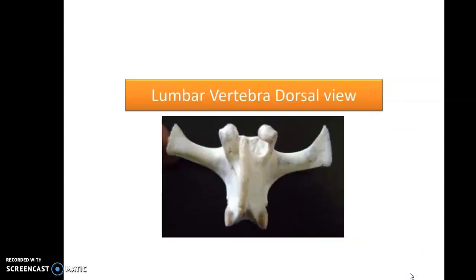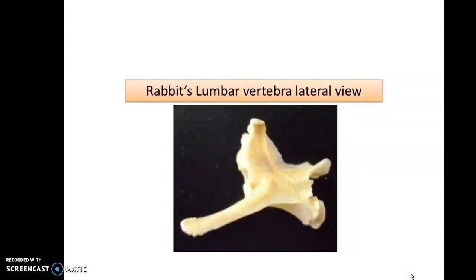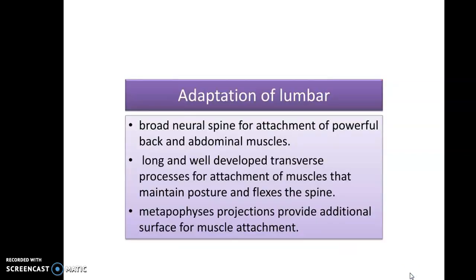This is the lumbar vertebra, the dorsal view, the posterior view, the lateral view. What is the adaptation of the lumbar vertebra? Its broad neural spine helps in the attachment of powerful back and abdominal muscles. The long, well-developed transverse process helps in the attachment of muscles that maintain the posture and flex the spine.